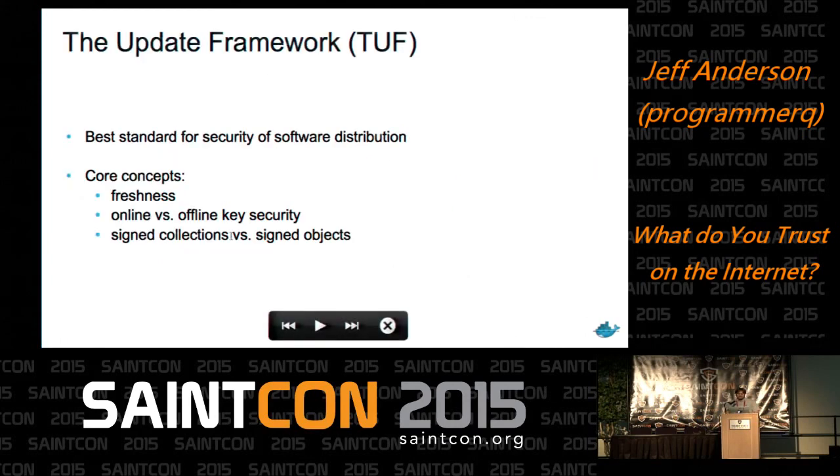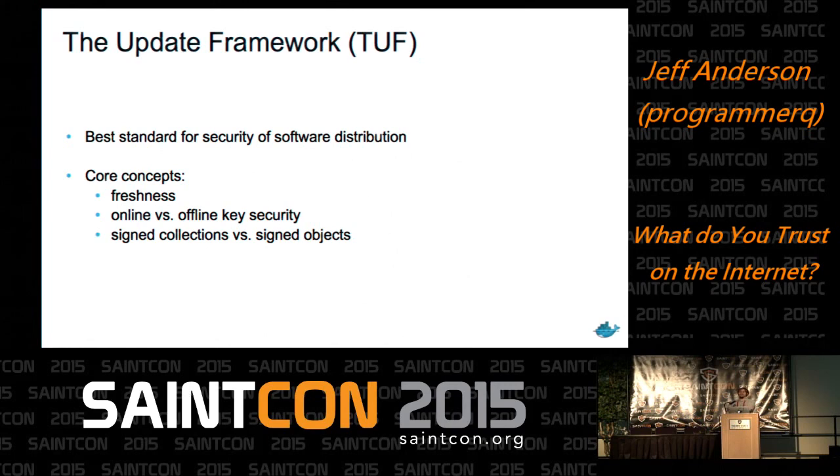I've been kind of talking about some of these concepts already, but the core concepts of TUF are to guarantee freshness. It also talks about online versus offline key security. So for example, if I have my Jenkins server that's publishing my artifacts, I might want to have it do signing for me. So I'm going to have an online key on my Jenkins server, and it signs every time it publishes. And that is very nice for convenience, but if my Jenkins server is compromised, now an attacker can sign content as if they were me, and that's bad.